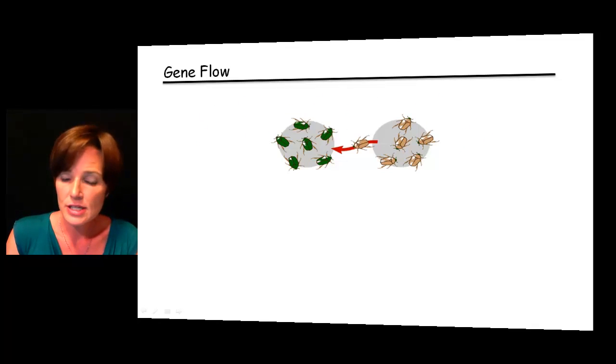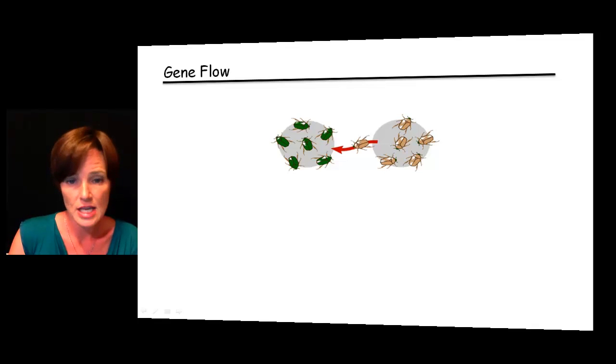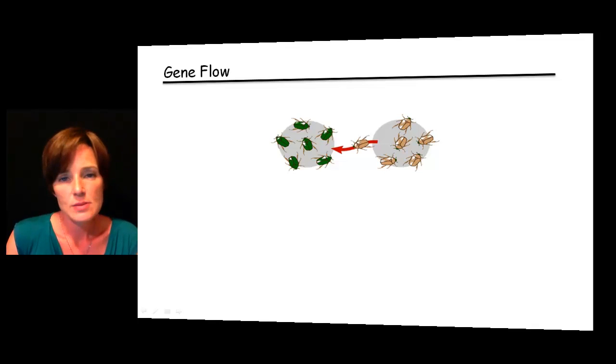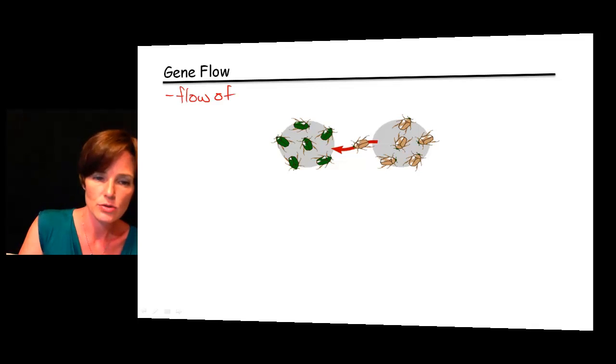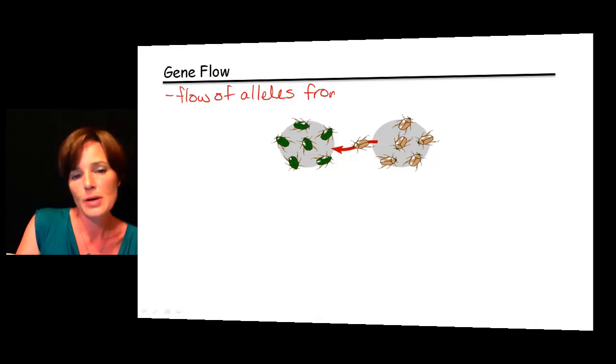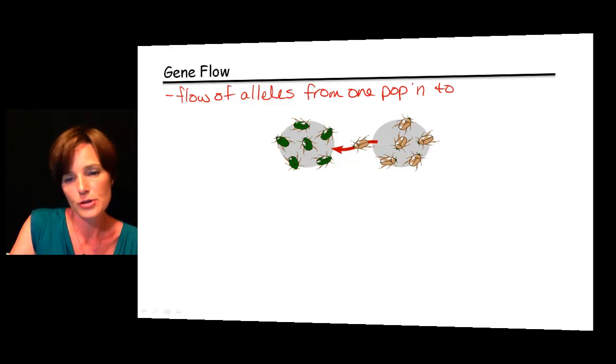Gene flow is another example where we can have some microevolution taking place. As this picture represents here, with gene flow, we basically have a flow of genes or flow of alleles from one population to another.